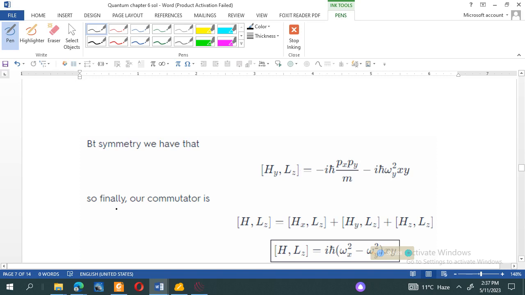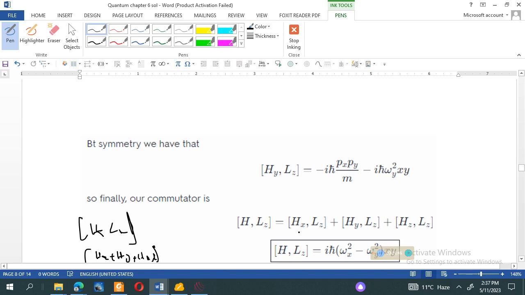And for the total commutator, if we want to find the commutator of H and Lz, it will be written as Hx plus Hy plus Hz and commutator Lz.